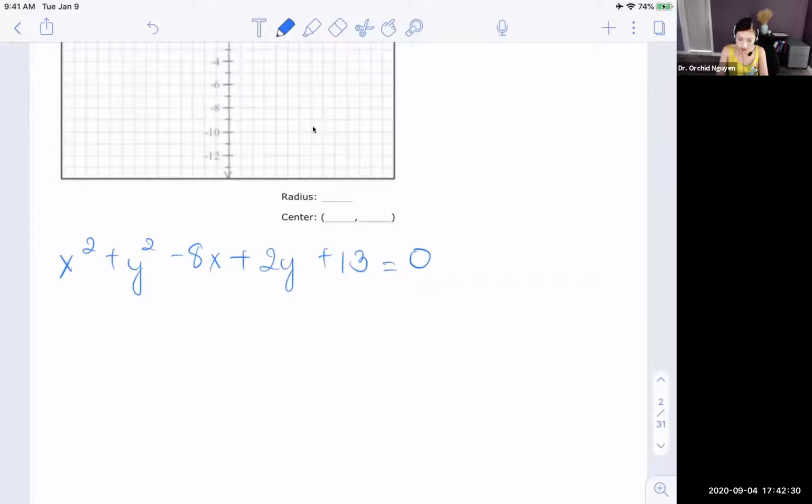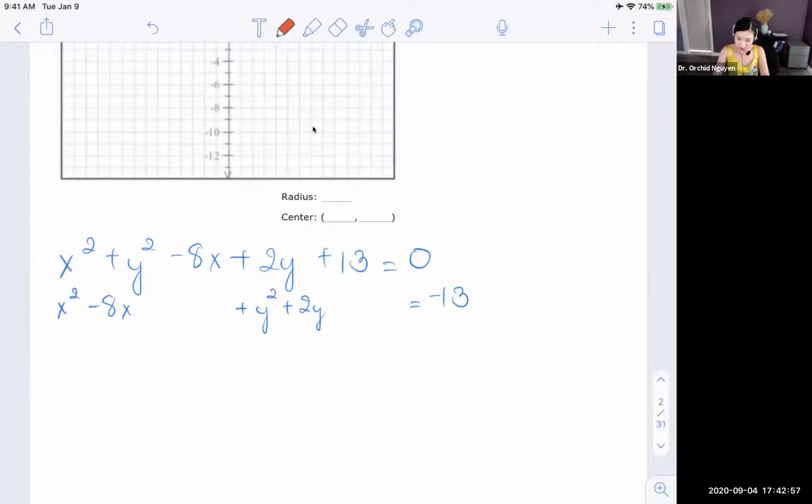So how do we complete the square? First, you put x together. I'm going to leave some space. You put y together. And then we move the constant to the other side. Now, what is the process of completing the square? You take b, divide by 2, and square it.